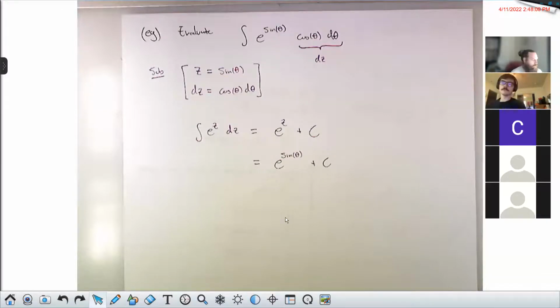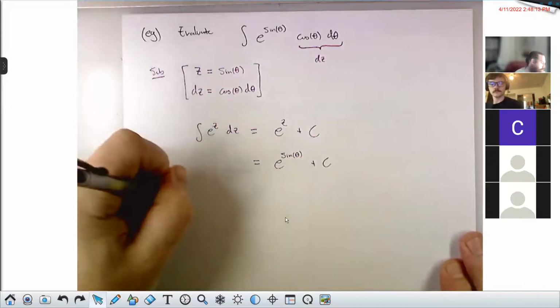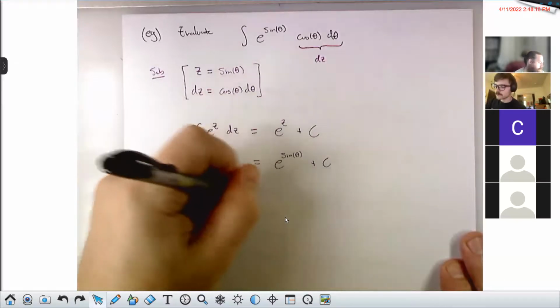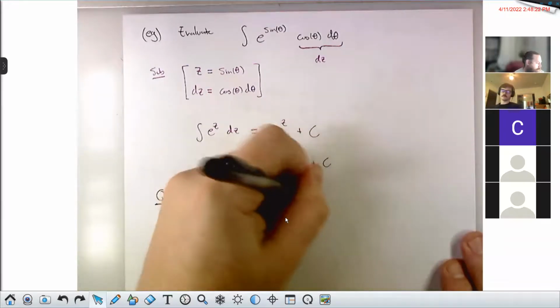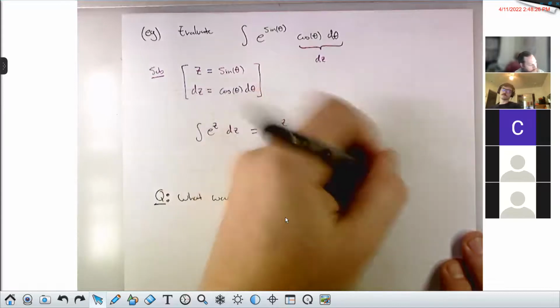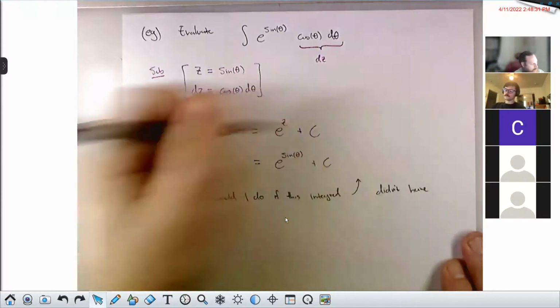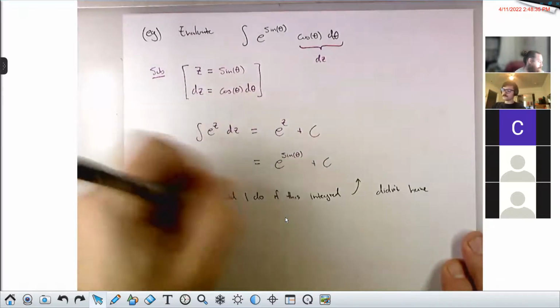And now a question. What would I do if this integral didn't have the cos theta term?